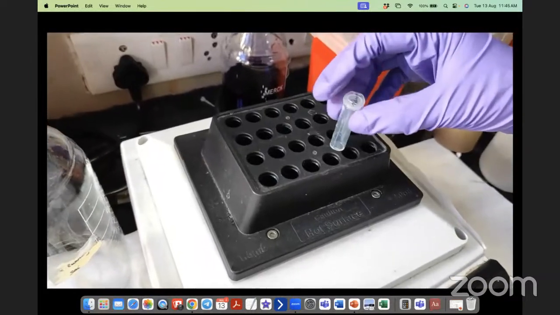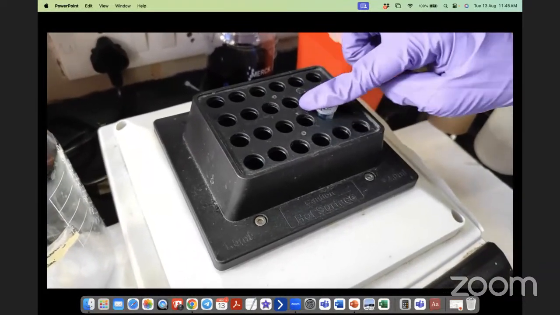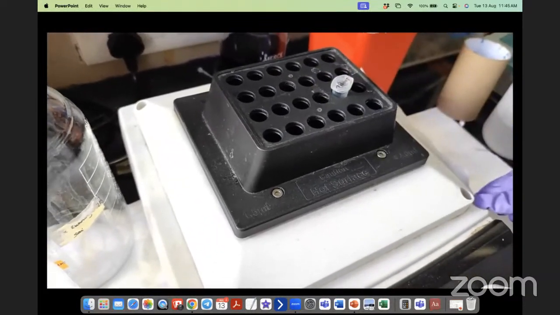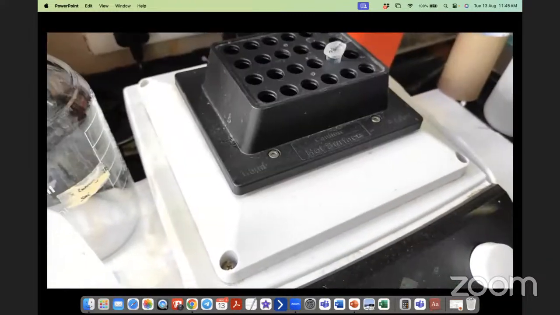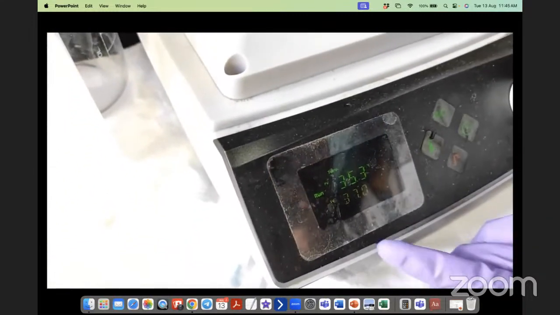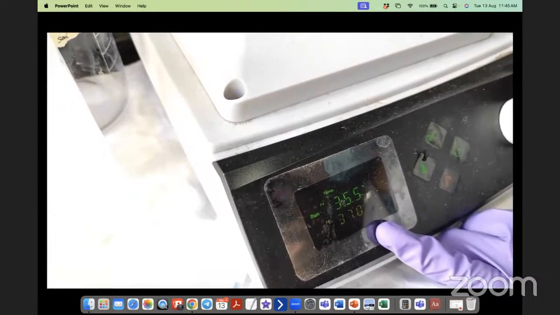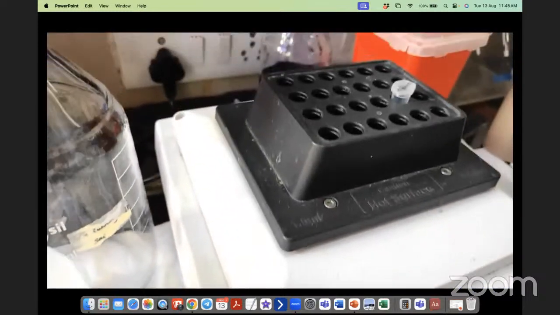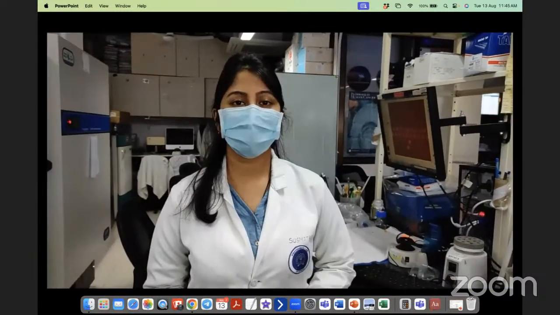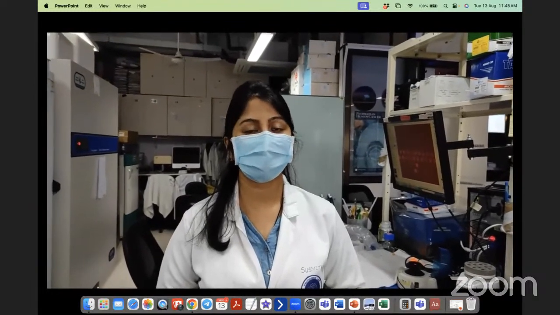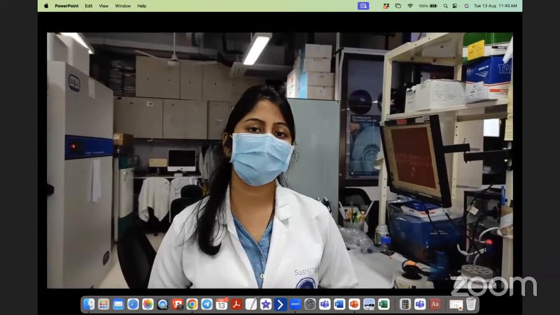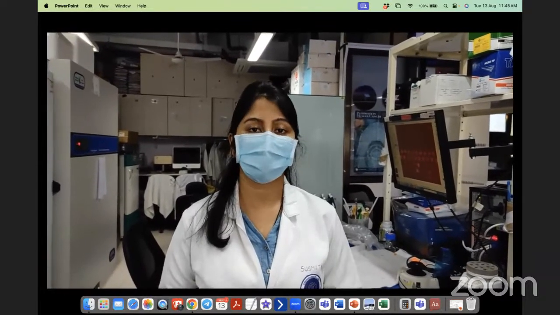After addition of TCEP, the reducing agent, it should be incubated at 37 degrees for 1 hour. After incubation, the samples would be reduced, which means all the disulfide bonds are broken within the proteins.